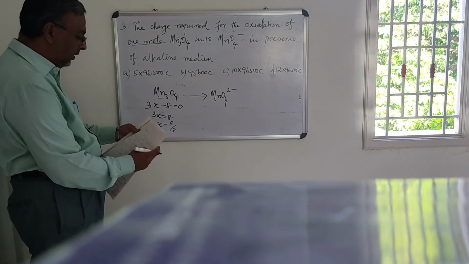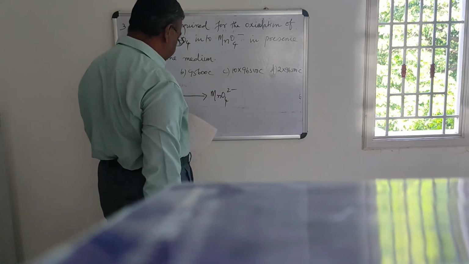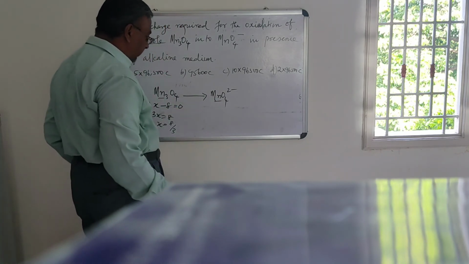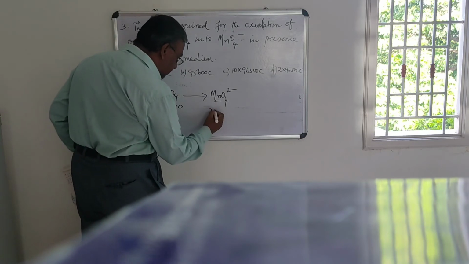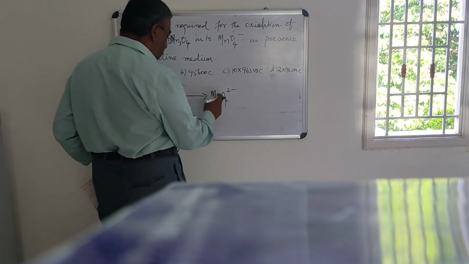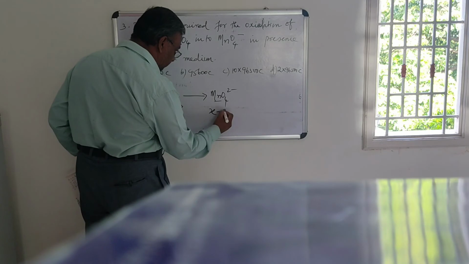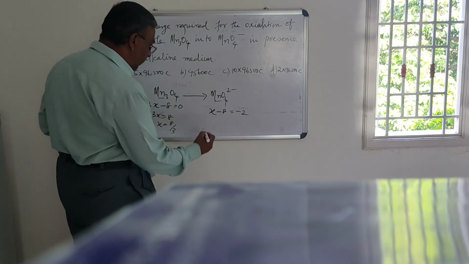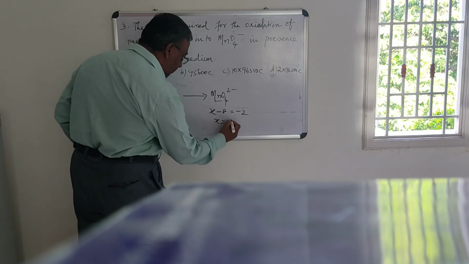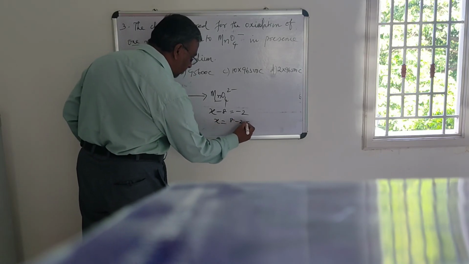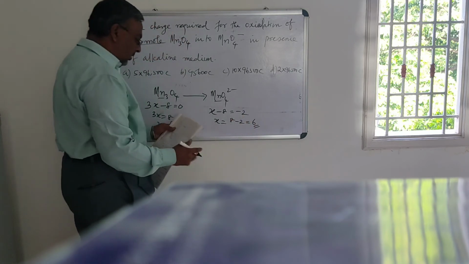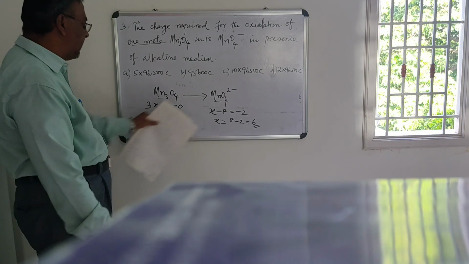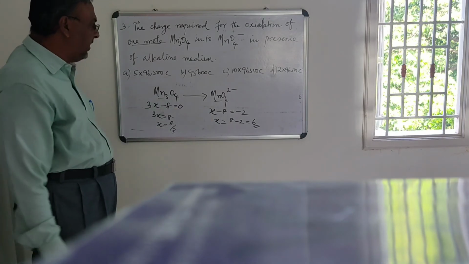Now come to MnO4 2 minus. We have to find out the oxidation state of manganese here. Its value is x. 4 oxygens, 4 into minus 2, minus 8, x minus 8 equal to minus 2. Then x will be equal to 8 minus 2, 6. Then what is the change in oxidation state from this manganese to this manganese?